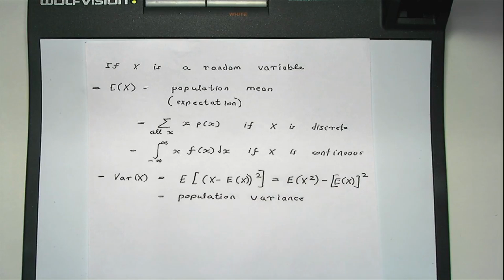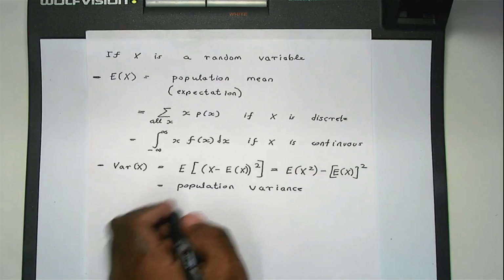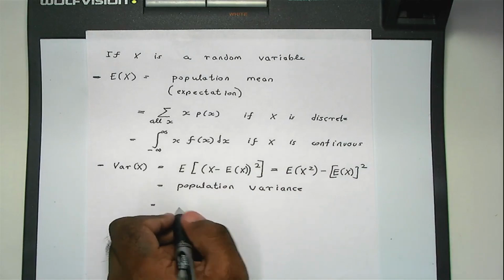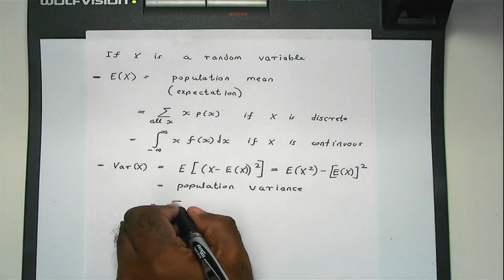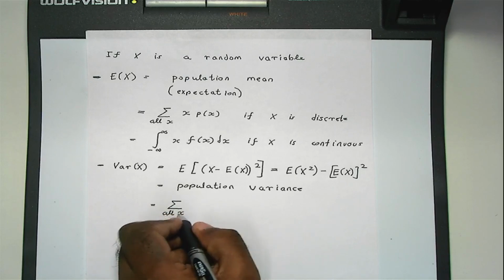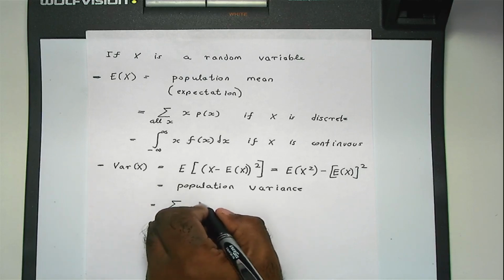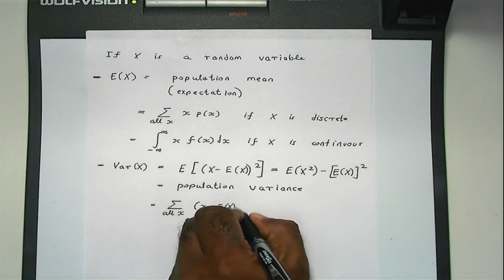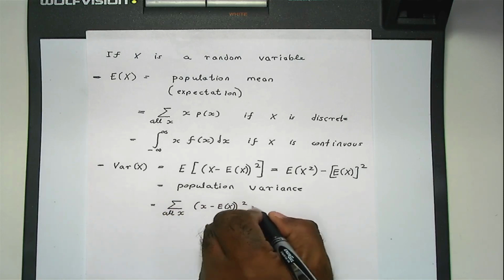And if you want to know the formulas for the two different cases, discrete or continuous, they are like this. So for the discrete case, if the variable is discrete, then this is the formula.